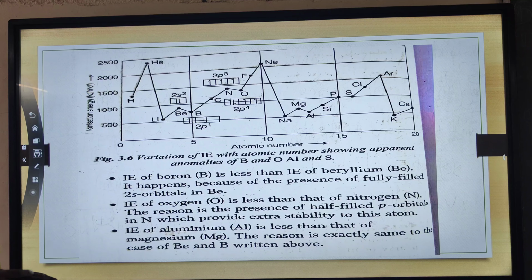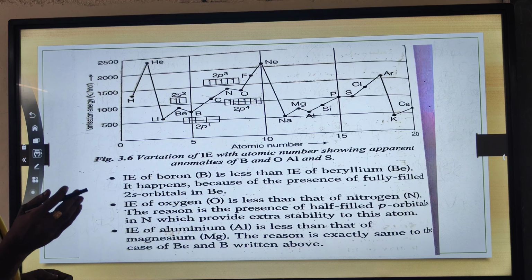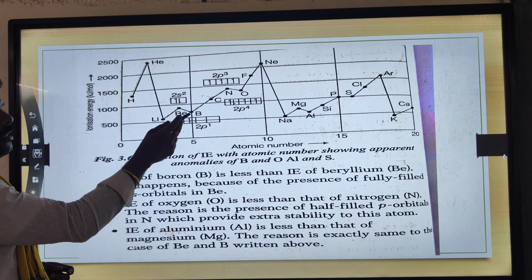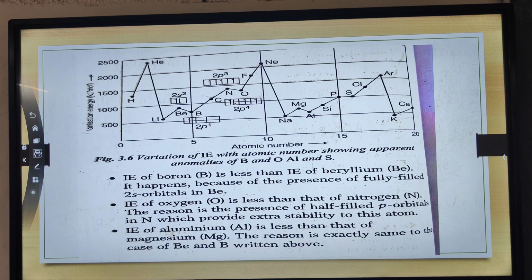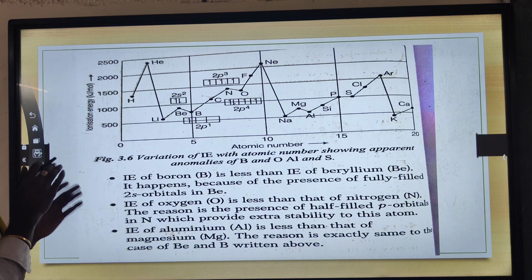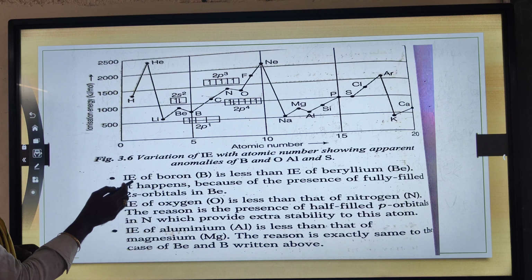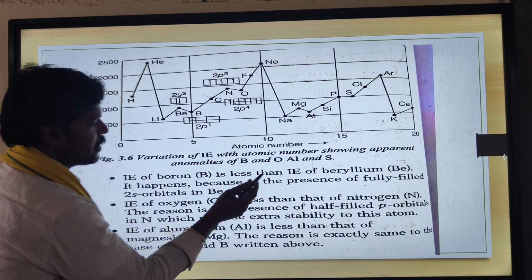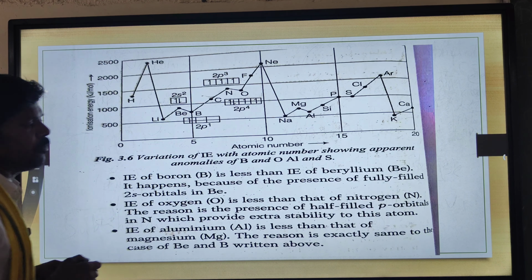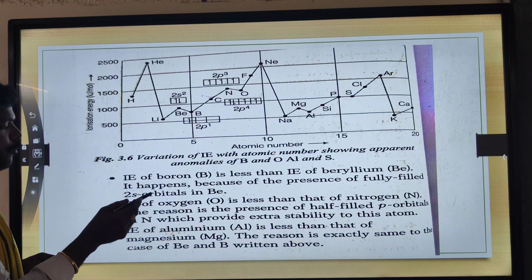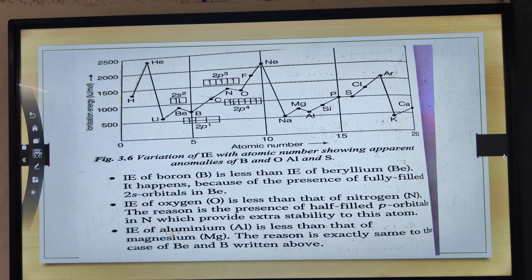The next element, boron. Boron ionization energy is less than beryllium, because beryllium has a full-filled 2s orbital.